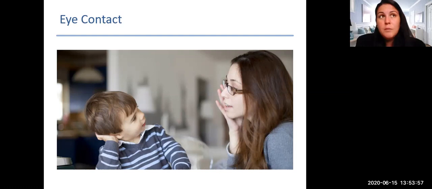This can be tricky, especially for individuals on the spectrum whose eye contact is limited or fleeting, where they look at you very quickly and then quickly look away, or it's only limited to when they're requesting objects. And we're not saying to force the child to make eye contact, but use things to your advantage.